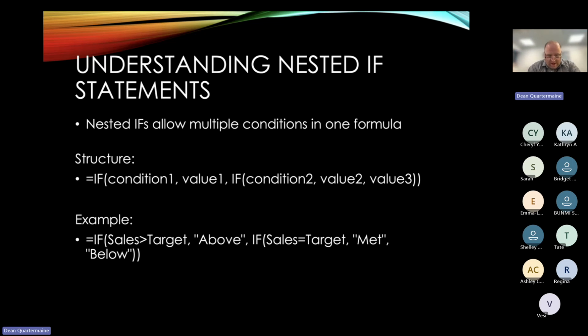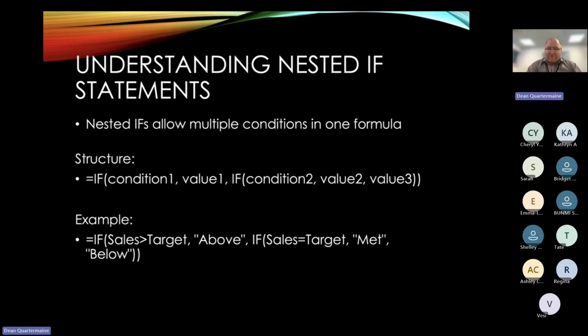So my example at the bottom there, in very simple terms, imagine the general accounting world: we sell something, we've got a level of sales, and we might have a budget that we created in advance, which is almost a target, saying we'd like to sell this amount. So we can run an if statement that says, are our actual sales higher than our target? And if it is, well, we're above the target. Fairly simple to understand.